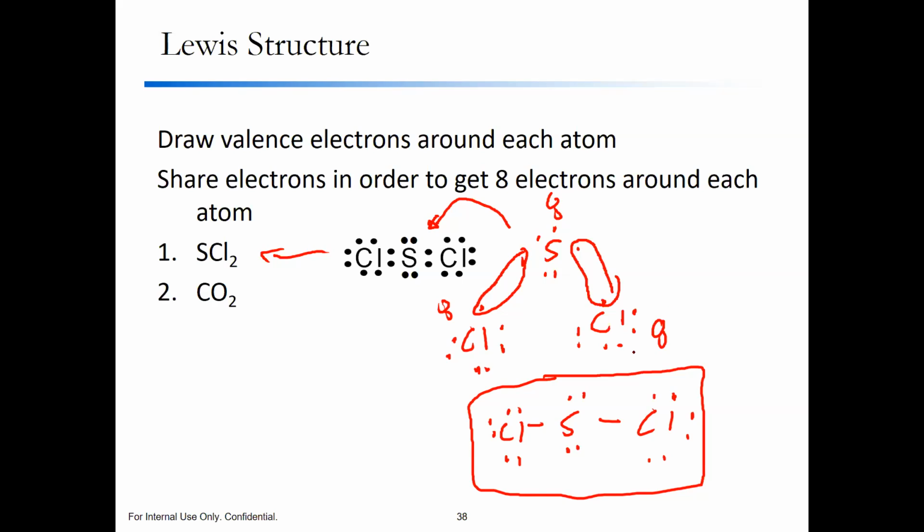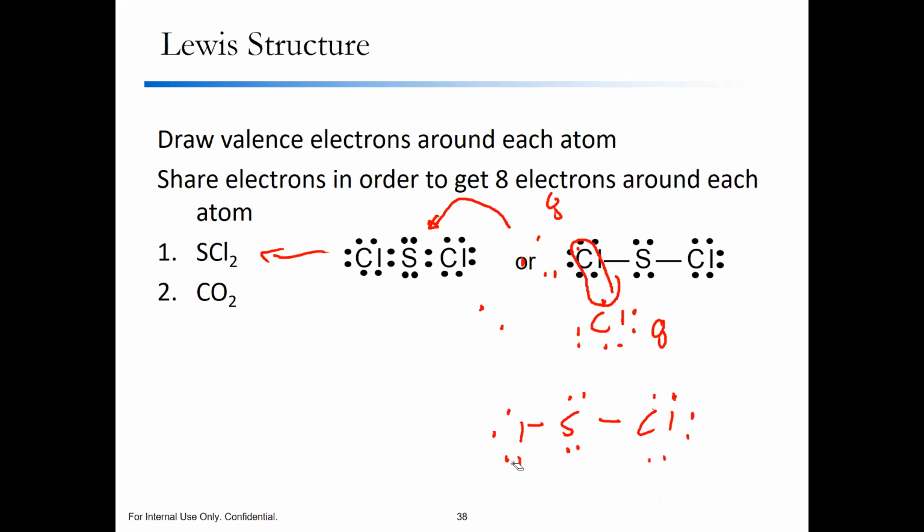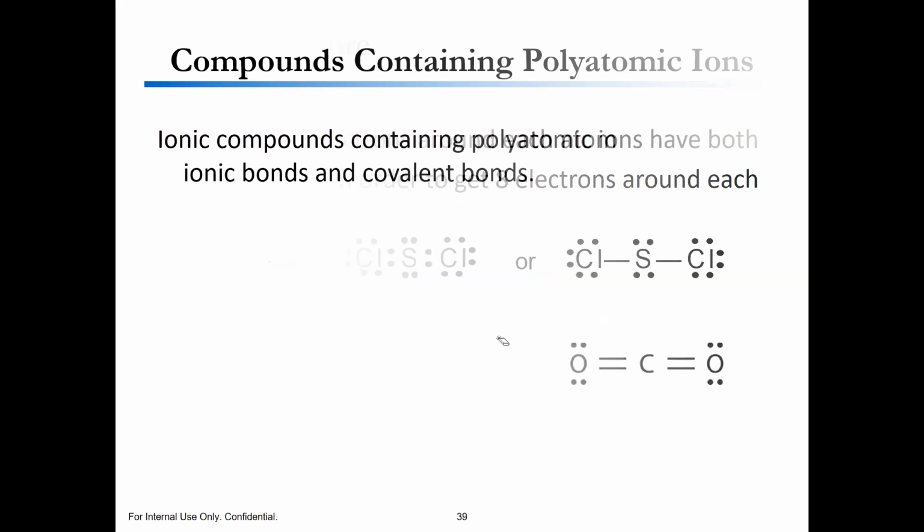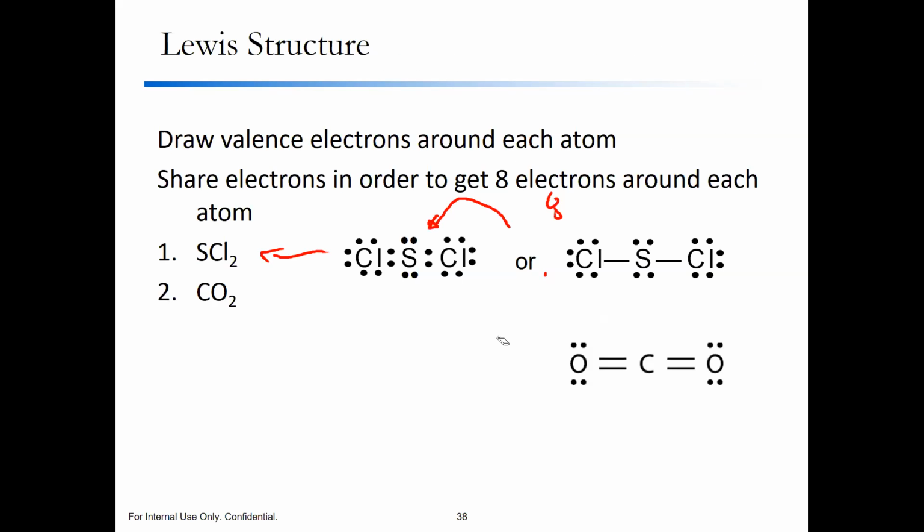And by doing this Lewis structure, I figured out that the sulfur is in the middle. So the next one, CO2. Draw it like that. I think you can work out the CO2 one on your own.